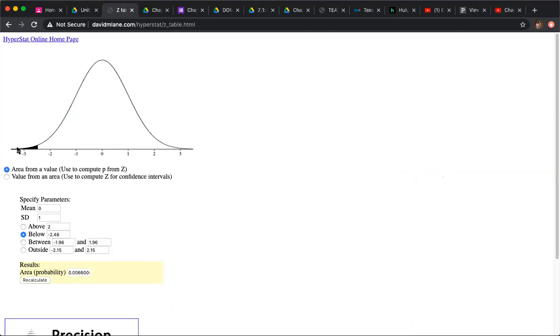You can see I was already below right here, and we're finding a value from an area because we're given the area. Then you put in your area, in this case 0.0101, and we want below. So it's a left-tailed test, and it's going to be below the value negative 2.326. So the critical value, rounded to 2 decimal places, is negative 2.33.